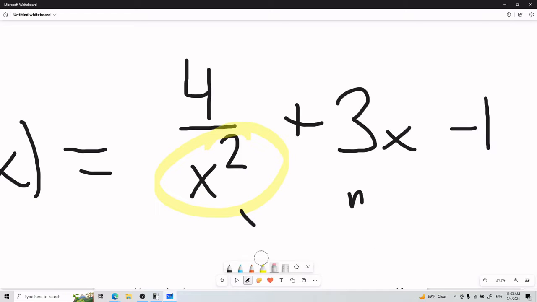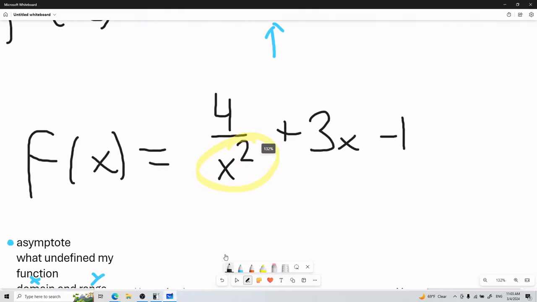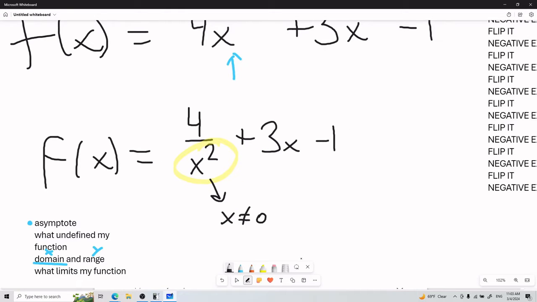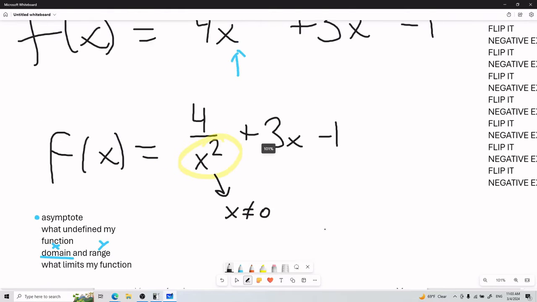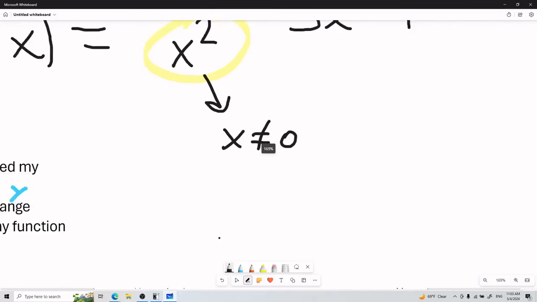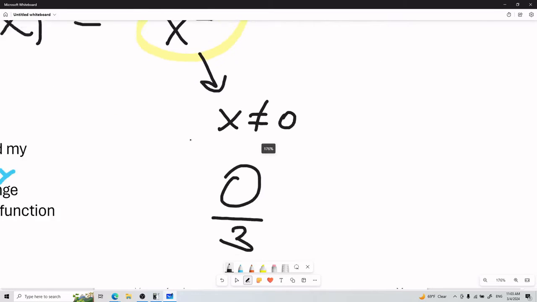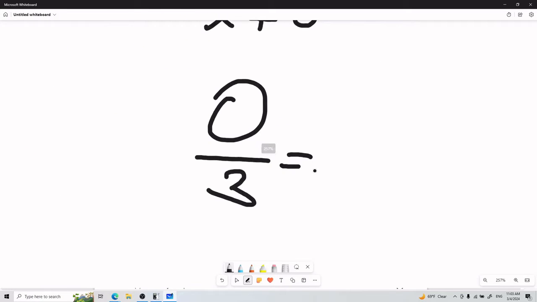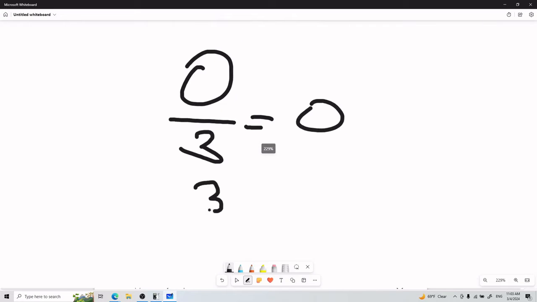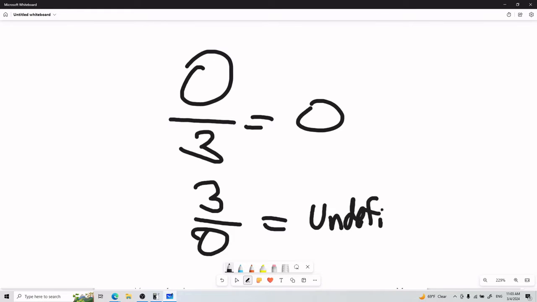When you have an x on the bottom, you have to be careful because x cannot equal 0. Why can x not equal 0? Because you cannot divide by 0. Ladies and gentlemen, 0 divided by 3 is how much? 0. 3 divided by 0 is how much? It's undefined. Quite literally, it is undefined.